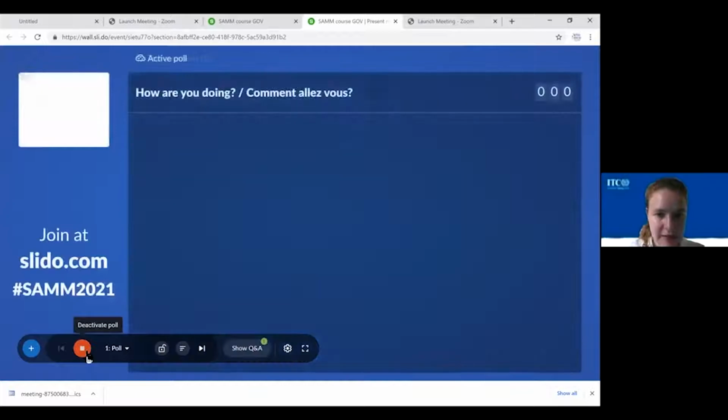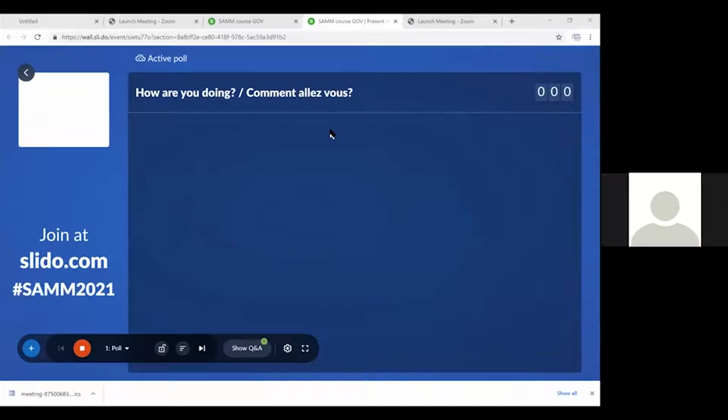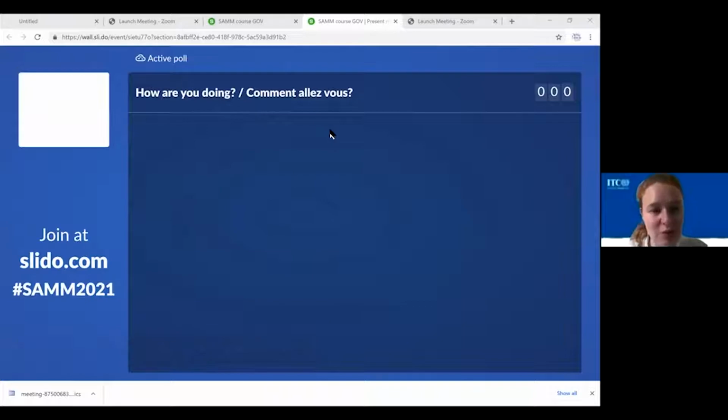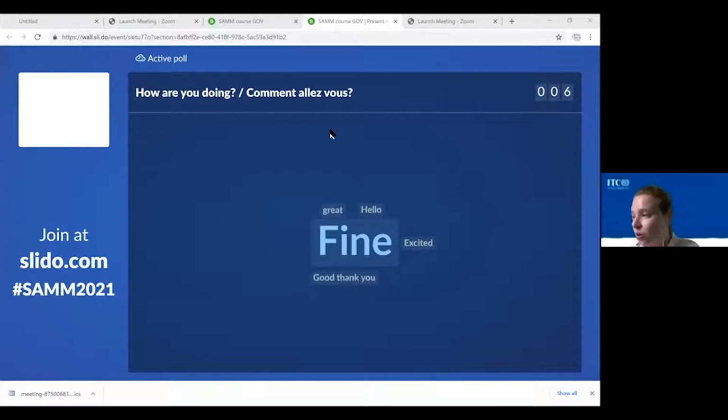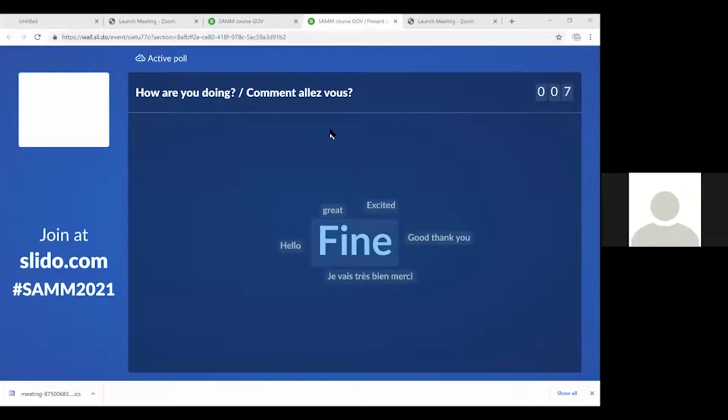Let's make a quick test to see if everything works well. Nothing to do with the session topic, but just to see if we are all connected and everything works. So how are you? Remember, the bigger the word, the higher the number of persons who entered that word.